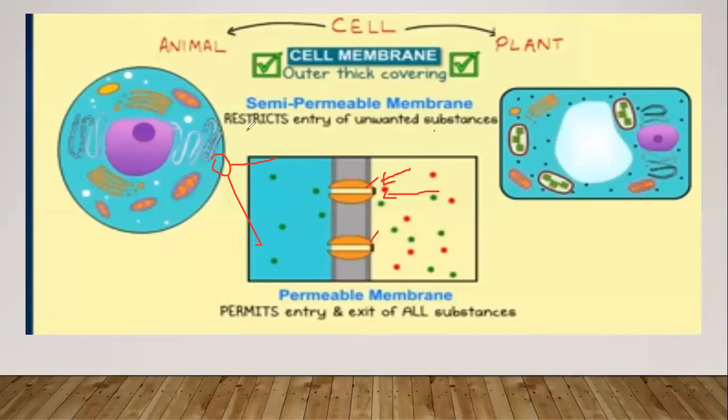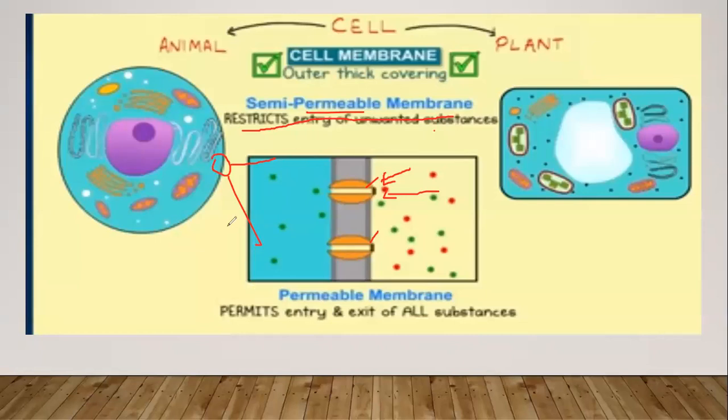So, based on that particular action, this membrane is called a semi-permeable membrane. What is permeable? Permeable means it allows substances. Allowing the substances is nothing but permeability.